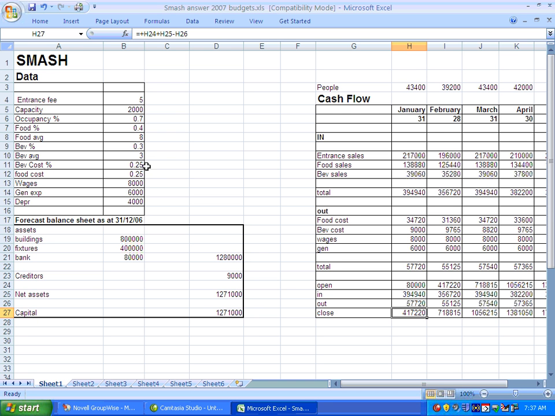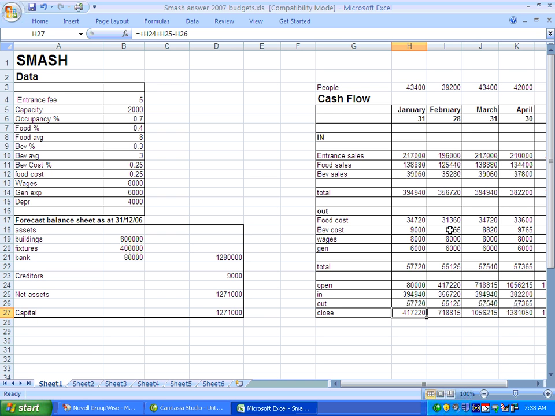Beverage cost is again 25% of the beverage sales, but it's one month in arrears, which means that we do 25% of the January beverage sales, but then we actually pay for it in February. So we buy it in January, we use it in January, but we don't pay for it until February.